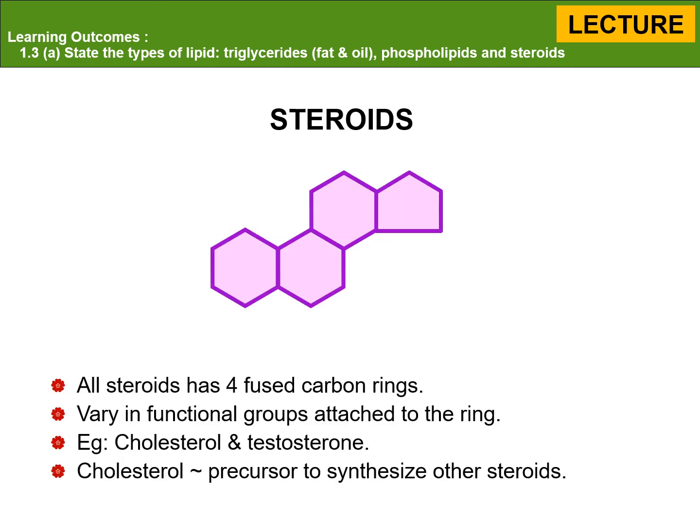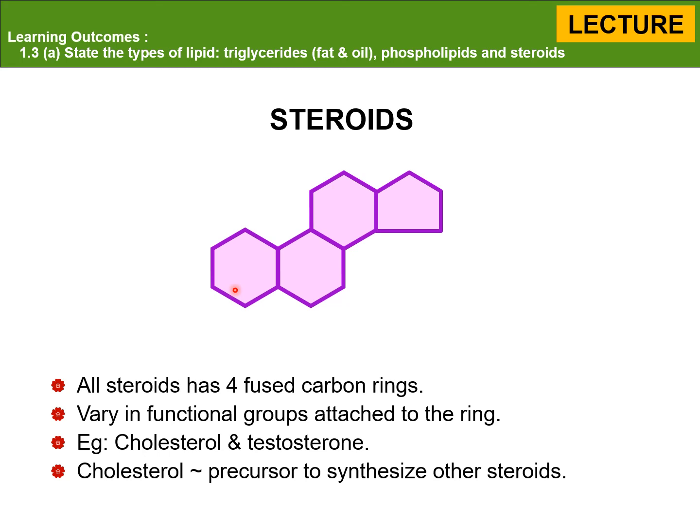The last one is steroids. Steroids have 4 fused carbon rings, or 4 combined carbon rings. Various or different functional groups such as carboxyl, carbonyl, and hydroxyl are attached to the carbon rings.